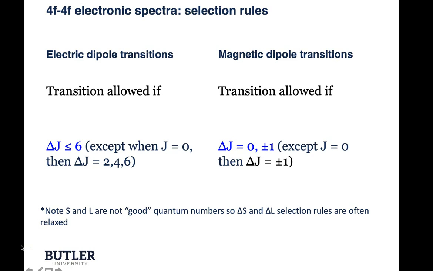We've actually coupled S and L together to make J. So we consider J to be our primary quantum number driving selection rules. Okay, so we have delta J less than 6 and delta J equals 0, plus or minus 1 for magnetic dipole transitions, and those are the allowed transitions.